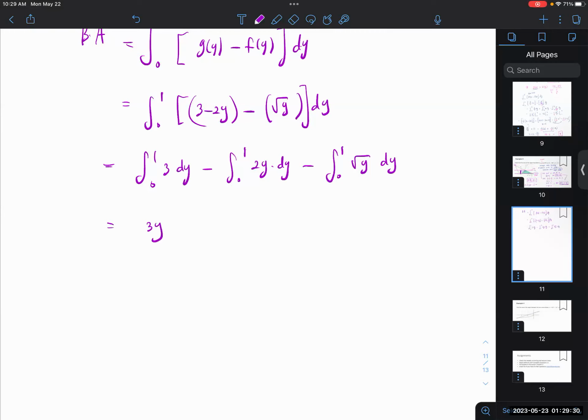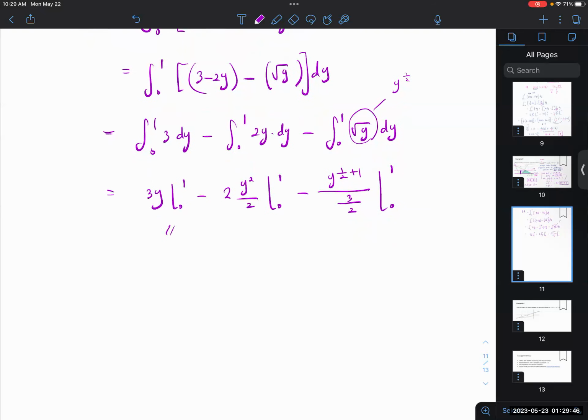So 3y from 0 to 1, minus 2y squared over 2 from 0 to 1, and this one we know is y to the 1 over 2 plus 1, over 3 over 2, from 0 to 1. So this is 3 times 1 minus 0. Cancel, so 1 squared, 0 squared.